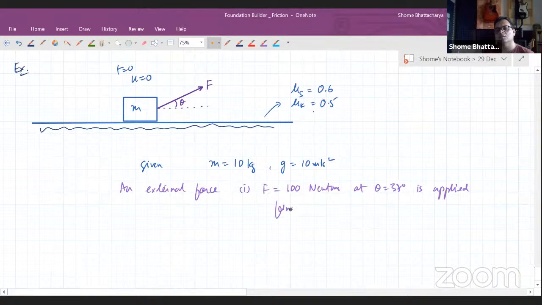So find the acceleration, if any, of the block.